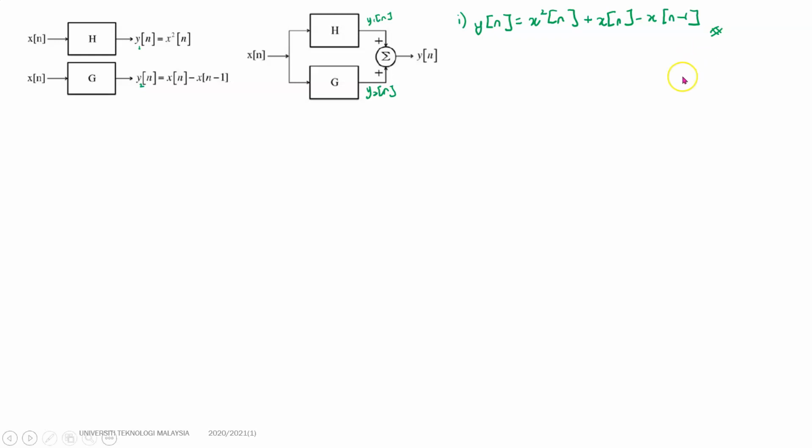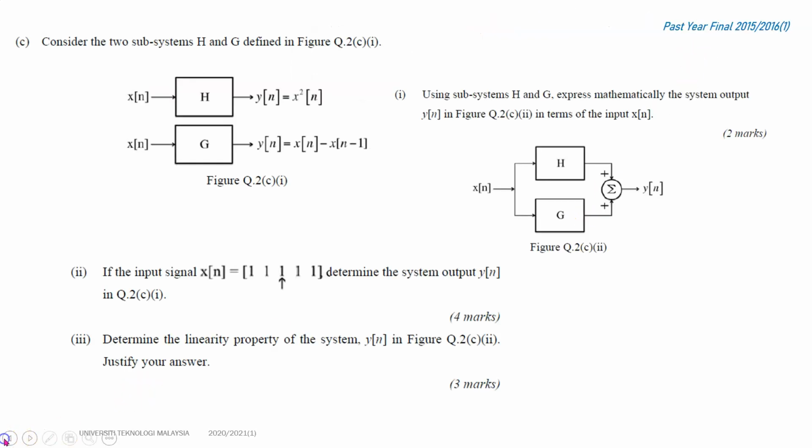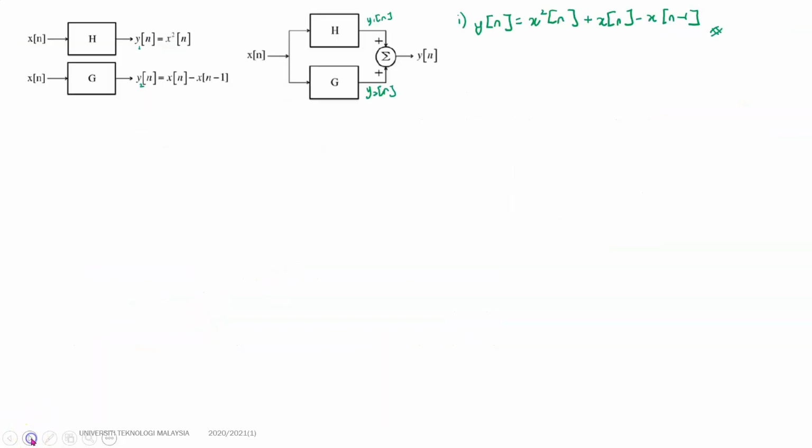So we go back to question 2 here. Question 2. If the input signal Xn is given as this, determine the system output Yn in Q2C. So if we see here, Xn is given as 1, 1, 1, 1, 1.